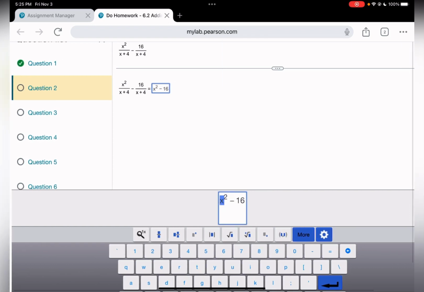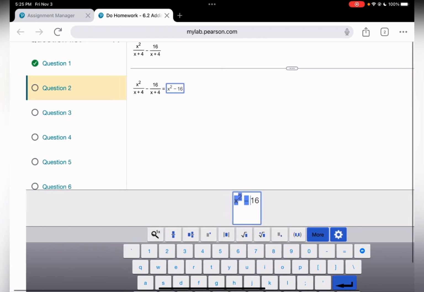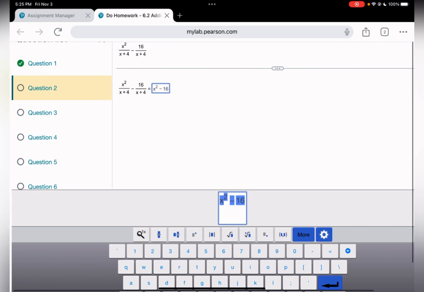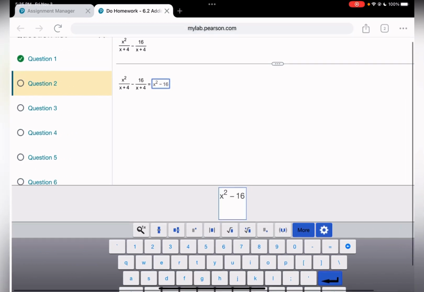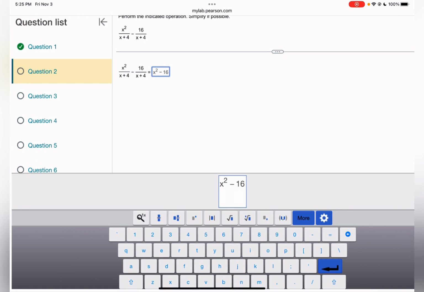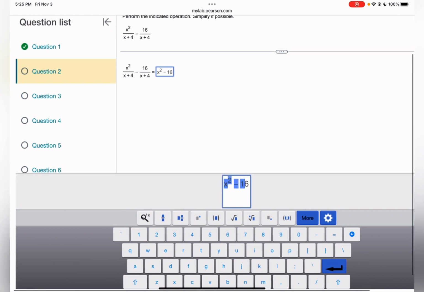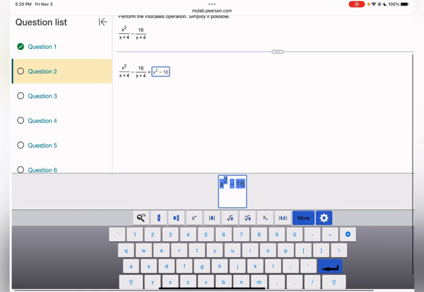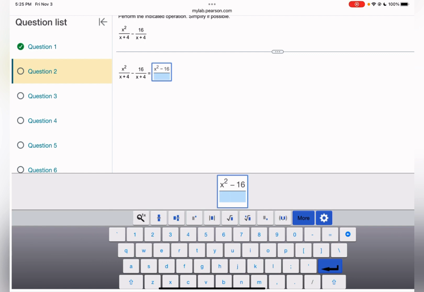I need to highlight them because the denominator has to belong to this entire expression. Once I pushed, it disappeared again. Hold on. There. I need x squared minus 16 to be in the numerator because the denominator is the same, therefore we can easily add the numerator, x plus 4.